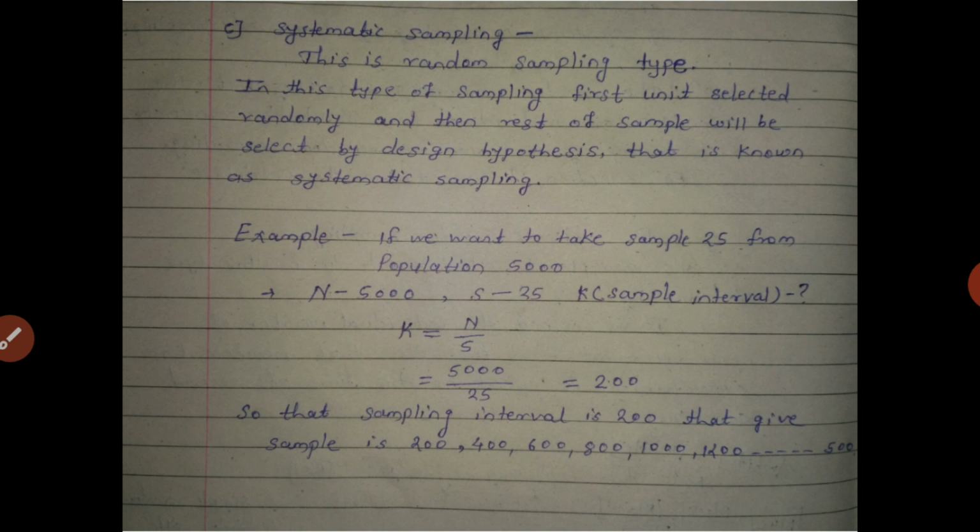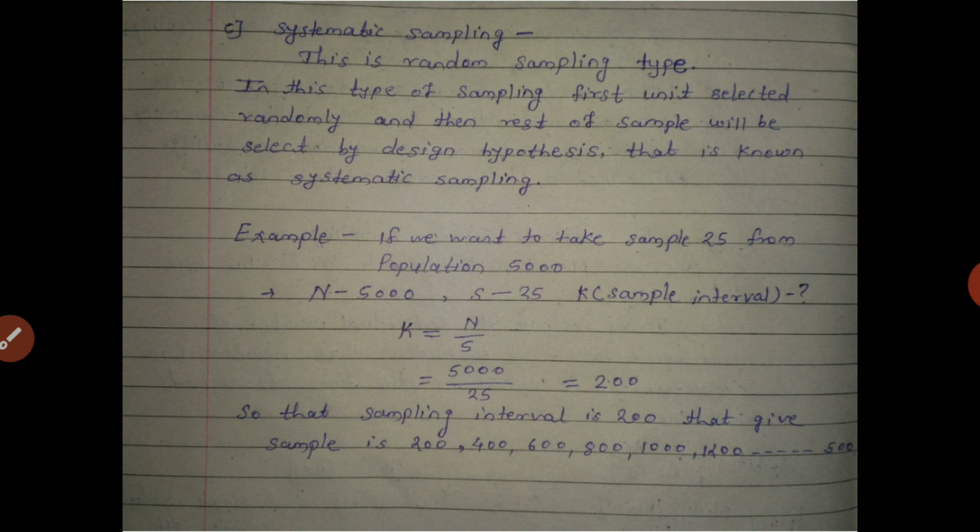We have the total population, 5000, which is denoted as capital N. Then the number of samples that we want to select is S, equal to 25. And how can we calculate the sample interval, which is denoted as k?